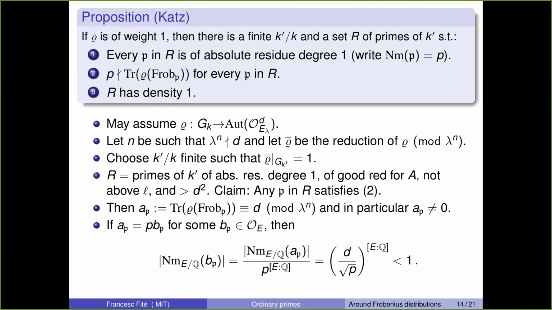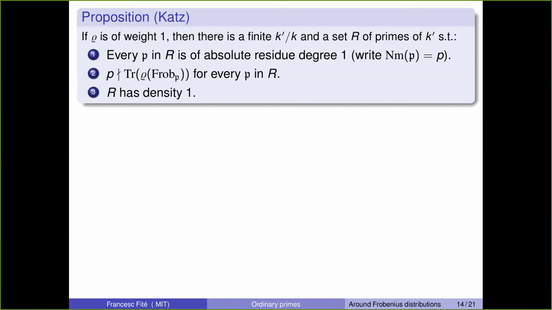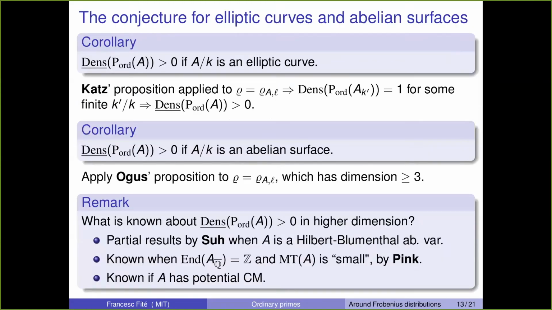So let's go back to the previous slide. In the previous slide, we derived some abundance of ordinary primes by applying the propositions of Katz and Ogus to l-adic representations attached to abelian varieties. But when our abelian varieties have extra multiplications, then they are endowed with another type of representations, the so-called lambda-adic representations.